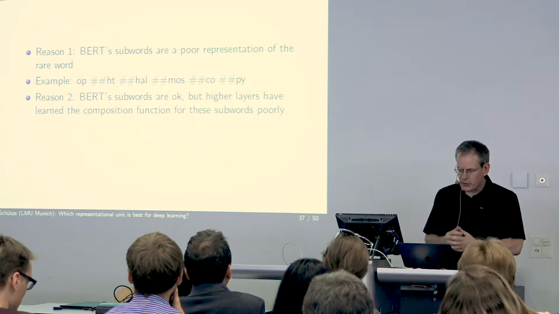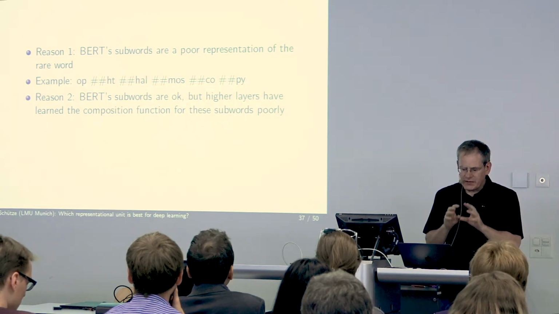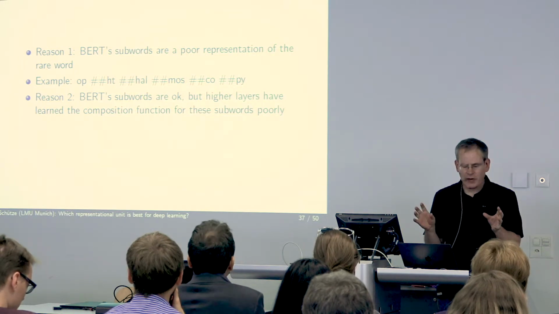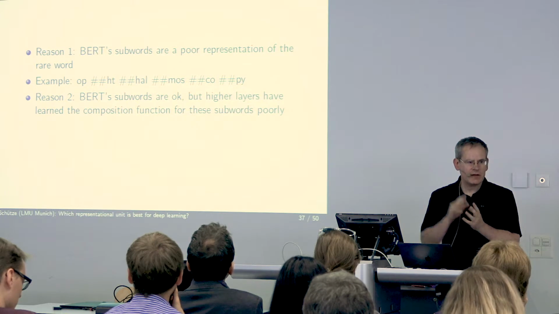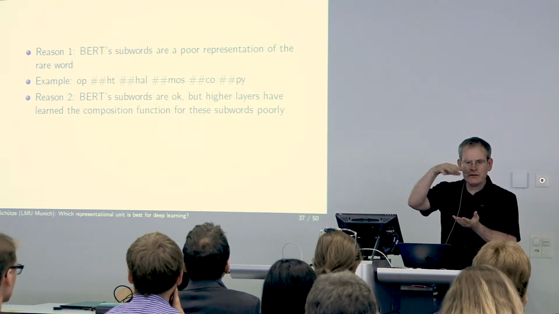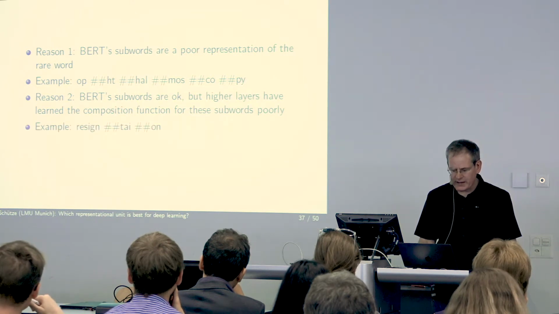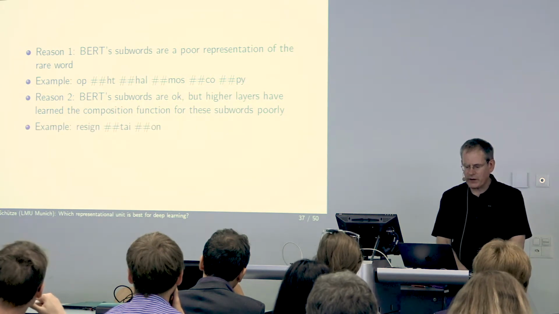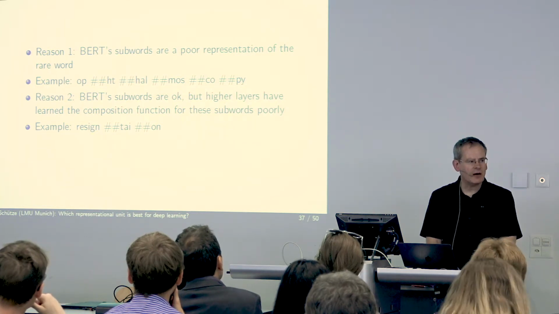And the second reason that BERT doesn't do well for rare words is that the decomposition, the segmentation might be okay, but BERT has not learned the composition function. So the composition function at the higher layers, for some reason, has not been learned. An example for that that we found in our experiments is resign theon. That's a misspelling of resignation.